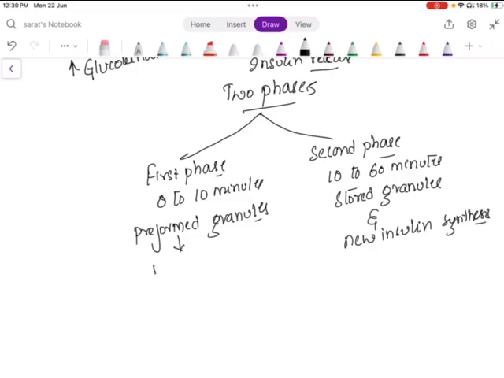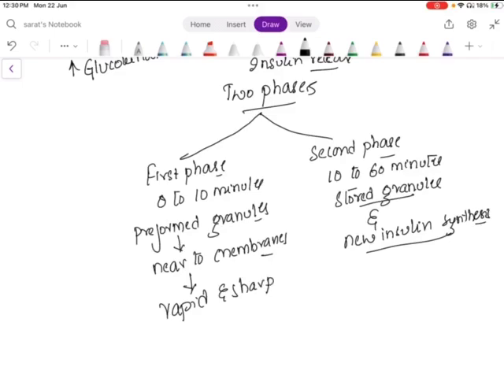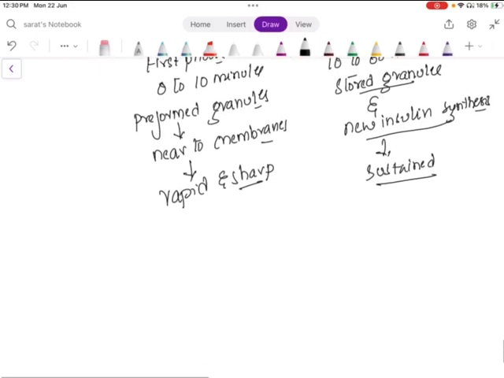These pre-formed granules are near the membrane, and these stored granules are away from the membrane, plus new insulin synthesis. So the first phase is rapid, sharp and short in span, and the second is sustained insulin release.